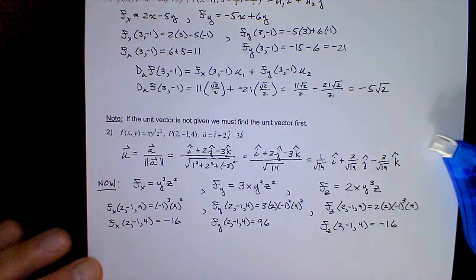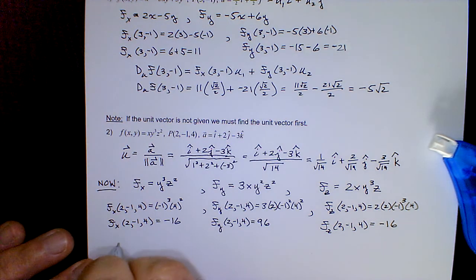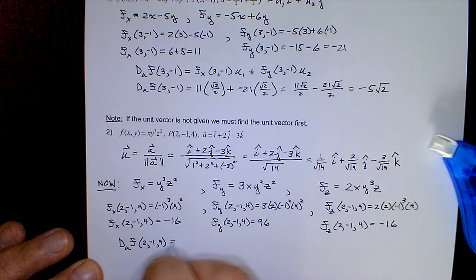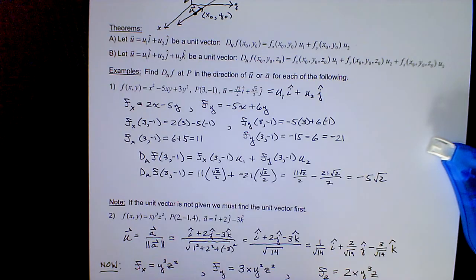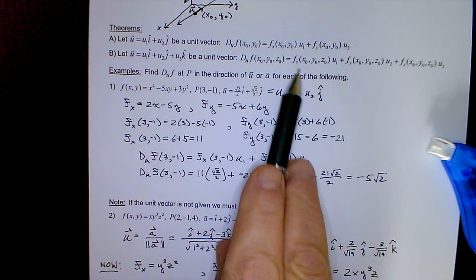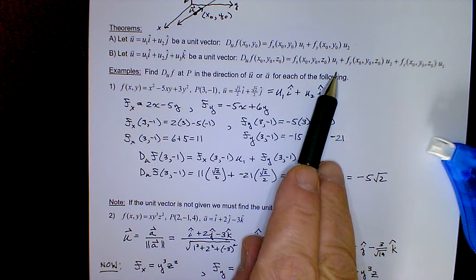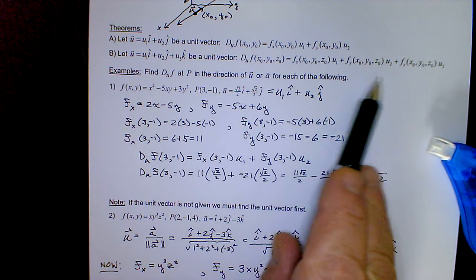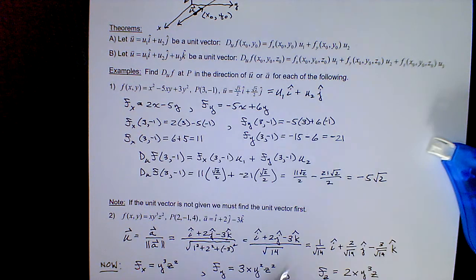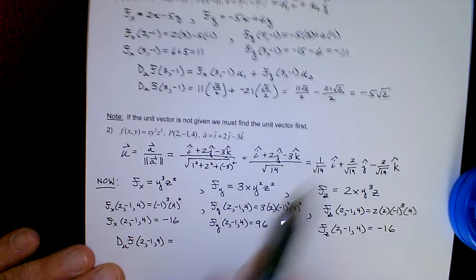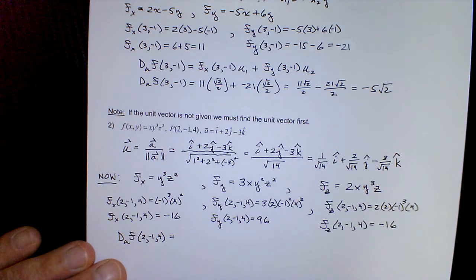Okay, so then the directional derivative in the direction of u of the function f at the point 2, -1, 4. If you want to write down the formula, or if you just want to jump right in and make the substitutions of the partials times the u1, u2, and u3 respectively. I'll show it writing down the formula.